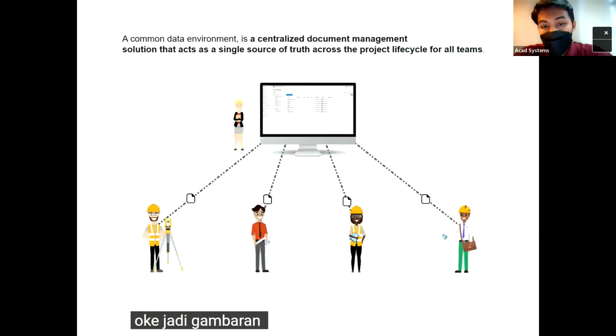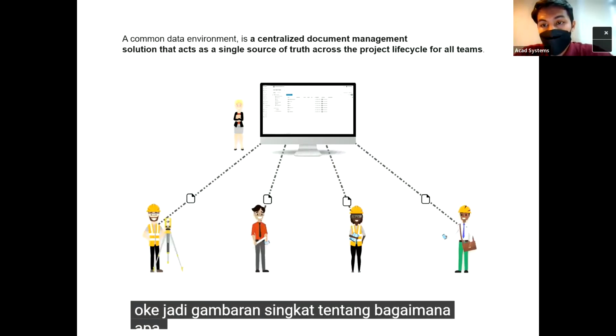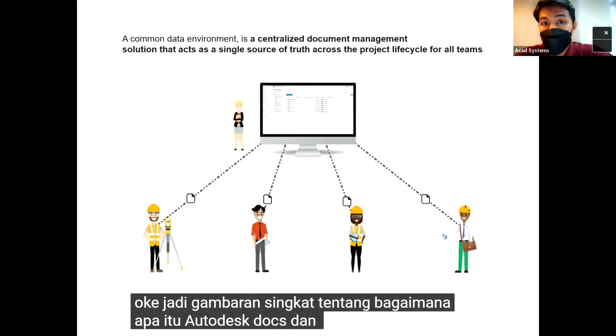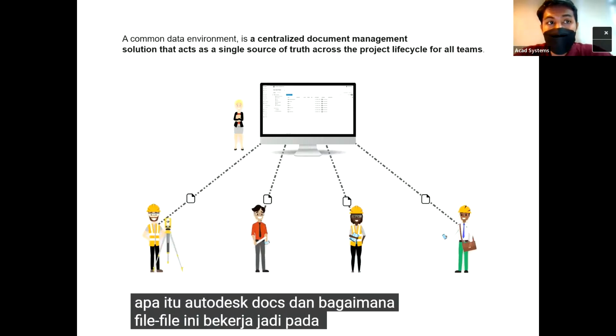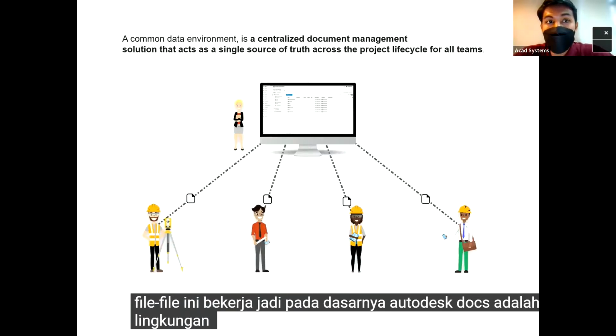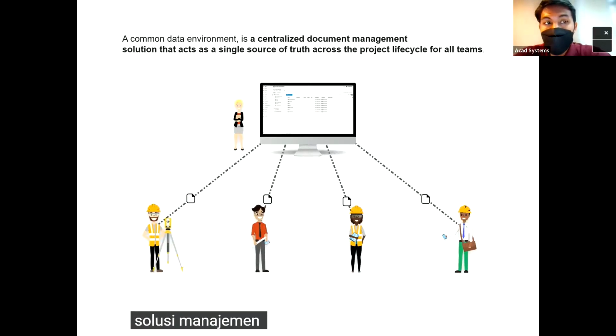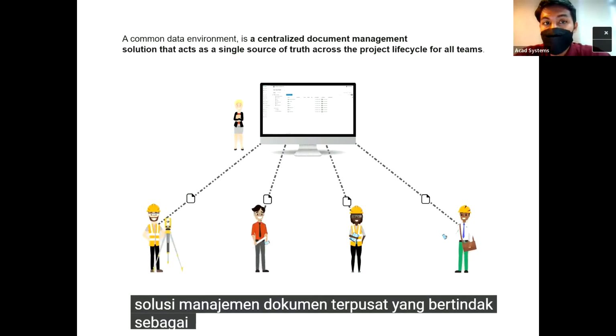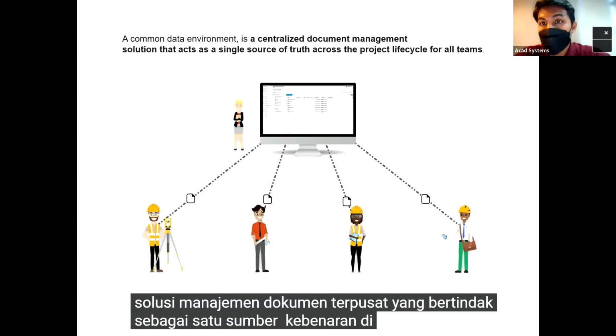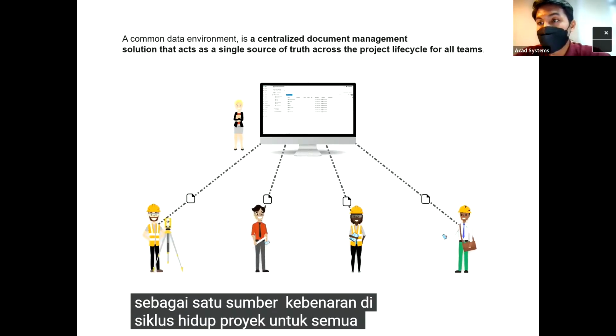Okay, so a brief overview of what is Autodesk Docs and how these files work. So basically, Autodesk Docs is a common data environment, and it is a centralized document management solution that acts as a single source of truth across the project lifecycle for all teams.